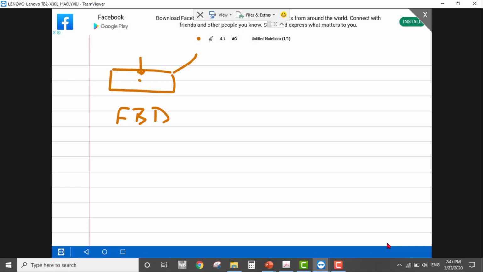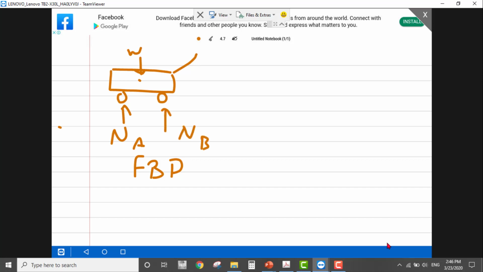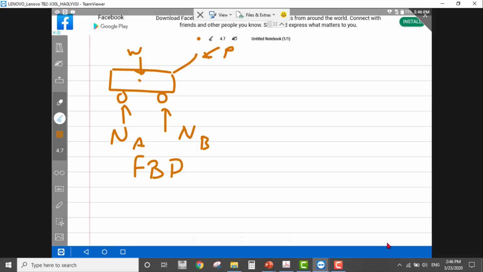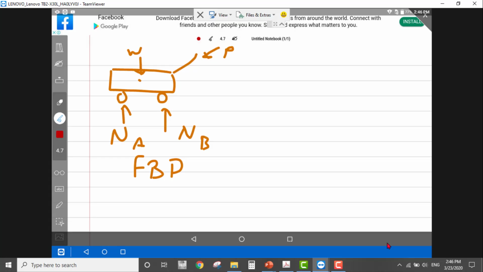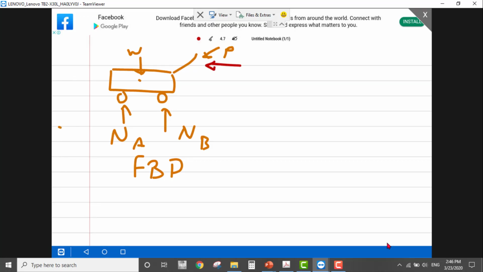This crate has a centroid, and on the centroid we have the weight, and we have normal force A and normal force B on wheels A and B. And here we have an external force, which has two components, one in the x direction and the other in the y direction.